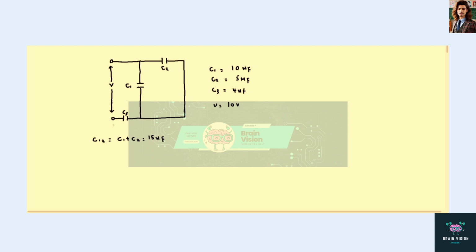So C1,2 is also in series with C3. C1 and 2 are both capacitors that are in series with C3, so you can find the equivalent capacitance for C1, 2, and 3.